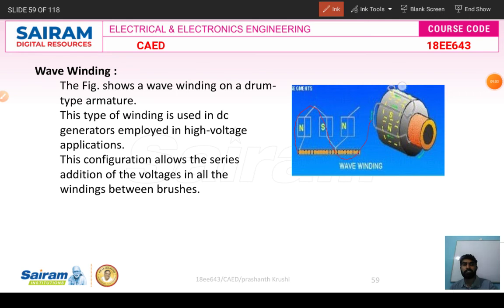Wave winding is for high voltage, low current applications. Lap winding is for low voltage, high current applications. Keep it in your mind.